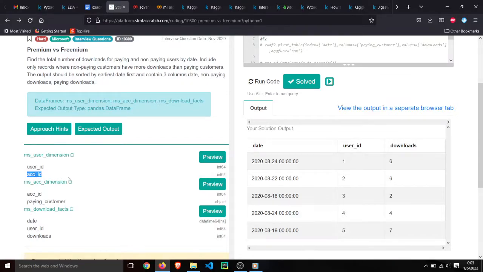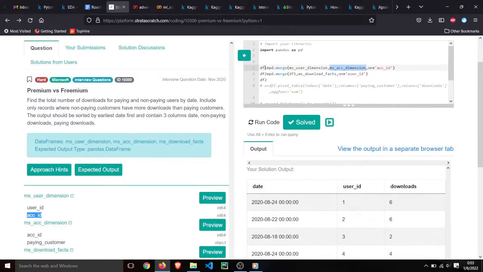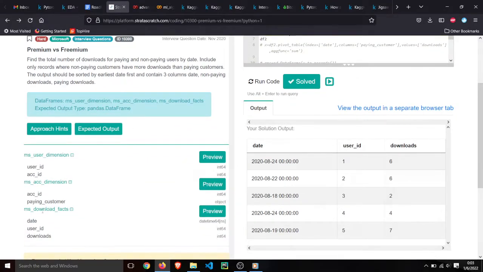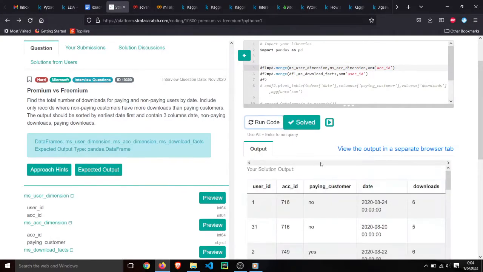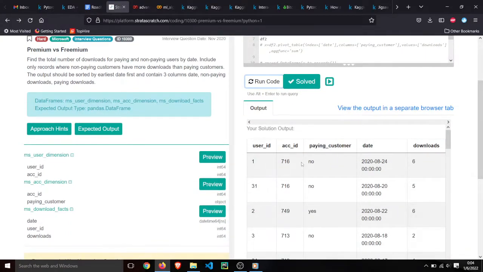We're gonna join these two first, and its result is called df1, and then we're gonna join df1 on the download facts on user ID. Okay, so this is what we have. We have the user ID, account ID, paying customer, date, and downloads, right? So basically we have everything we need.